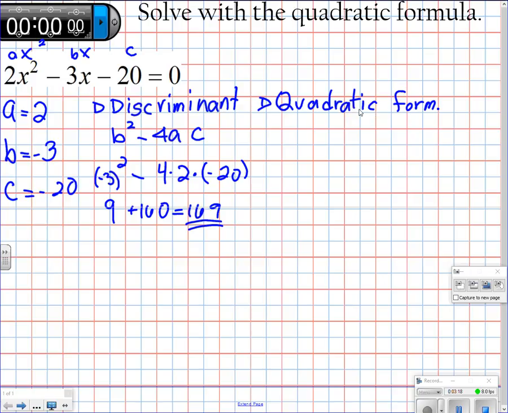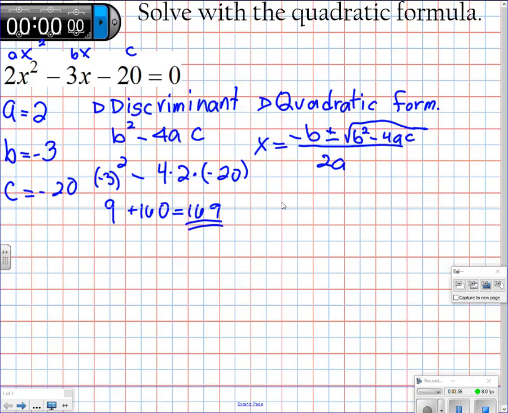The quadratic formula is the following: x is equal to negative b plus or minus the square root of the discriminant, b squared minus 4ac, all over 2a. And I'm sorry, this should be the c value.